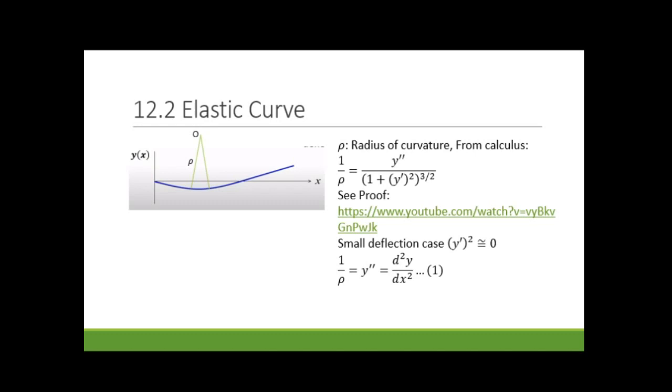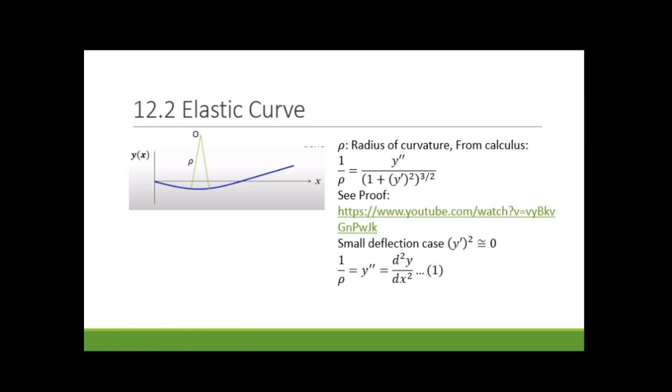And I say that in the small deflection case, we cannot eliminate the y prime because that's equal to the slope of the function. If we say y prime is equal to 0, we assume that this curve looks like a line.